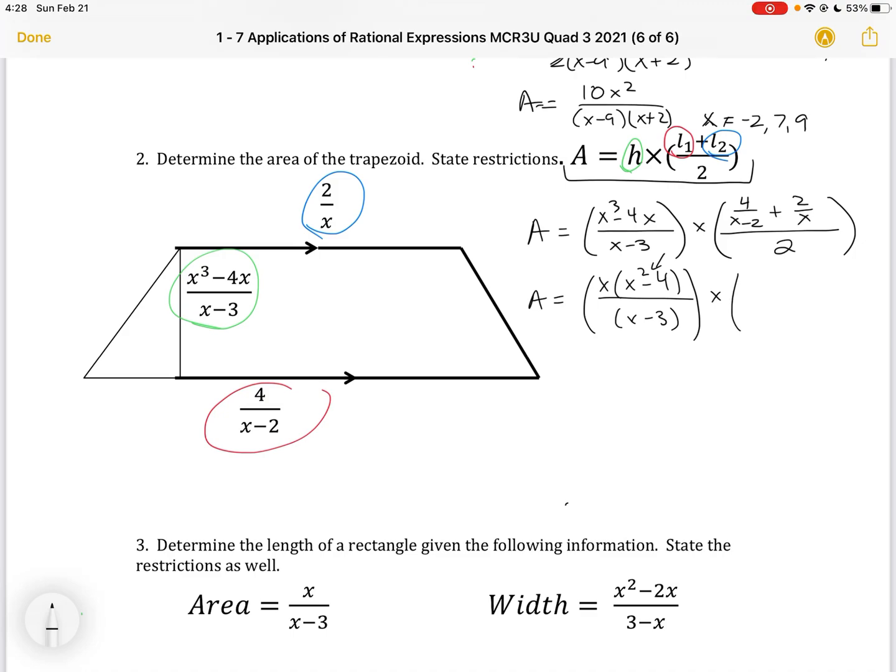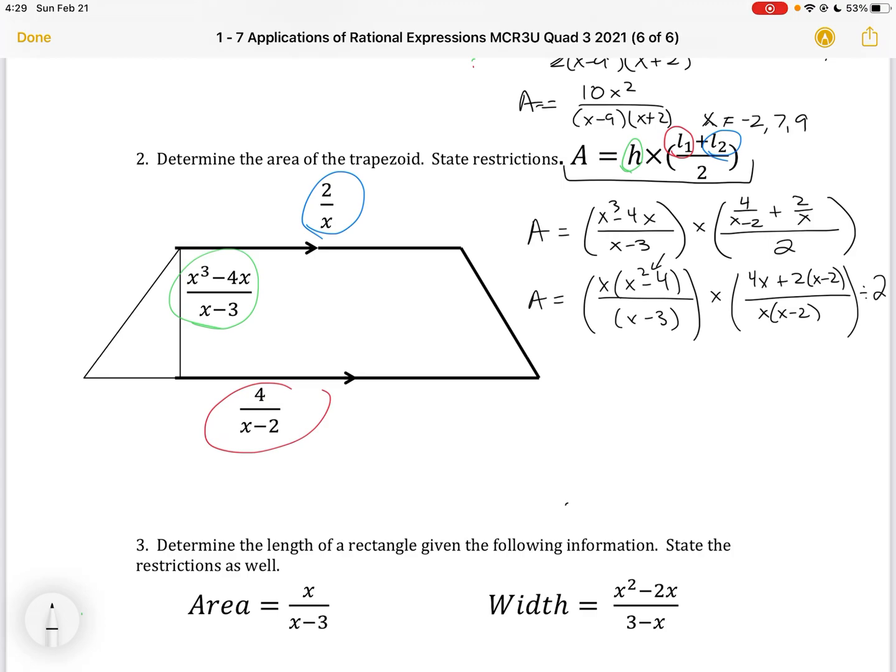I'm also going to notice that I now have to add two rational expressions together. So 4x plus 2 times x minus 2 all over x times x minus 2. And now I notice that I am dividing by 2. And I've just rewritten that to make it a little bit easier.